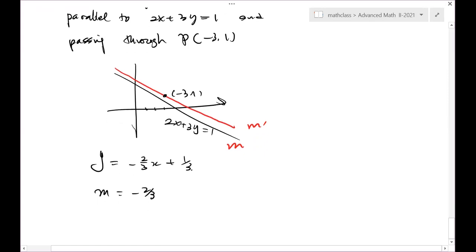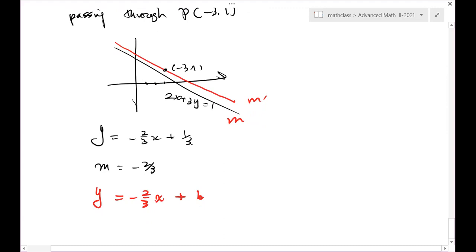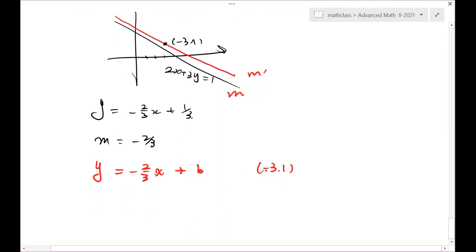So the equation for the red line is going to be y equals -2/3 x plus some constant. We don't know it yet. Then you find the value b by plugging in the point it passes through. So when you plug -3 for x and 1 for y, you get the equation.